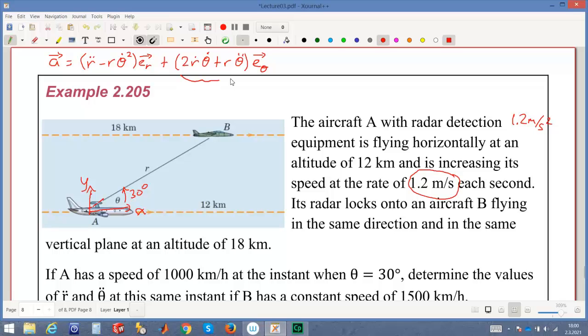So this part is a theta, and this part is a r. Now, this information of r double dot and theta double dot are already embedded within these acceleration components a r and a theta.